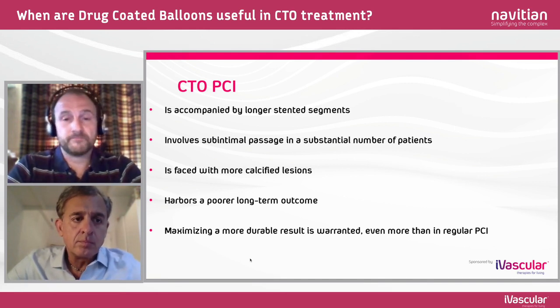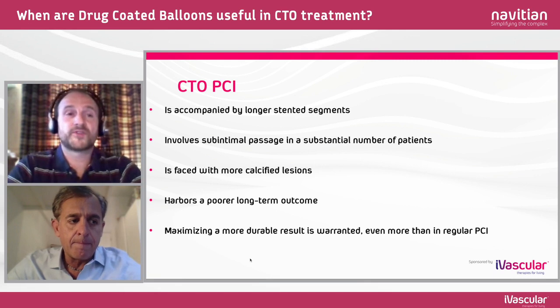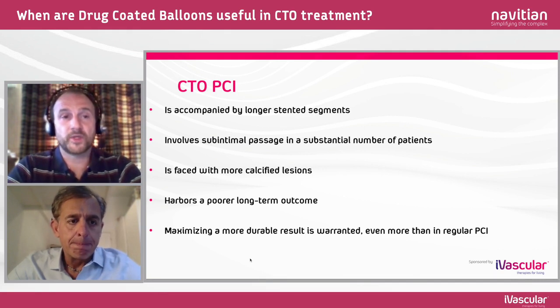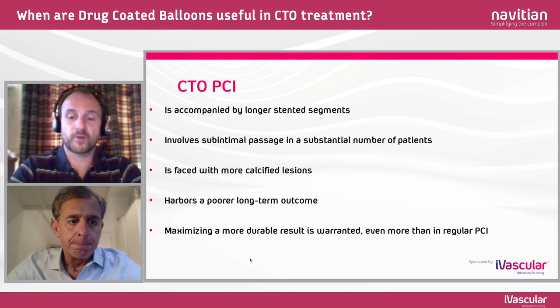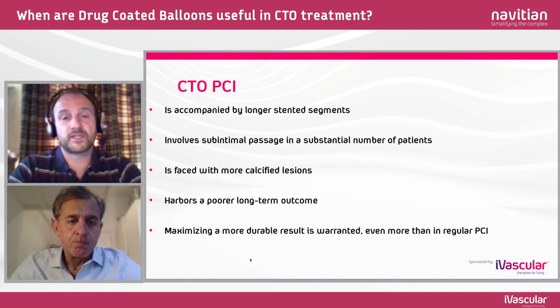It is much more commonly faced with severe calcification. And we also know that the long term of CTO PCI is poorer than normal PCI. So in that sense, the idea to maximize the effect of our acute treatment to obtain a durable result is crucial in CTO PCI even more than in regular PCI. And inside this, DCB could be an option in several situations.